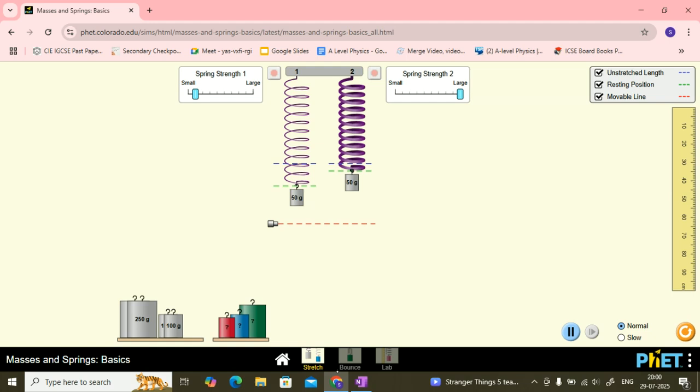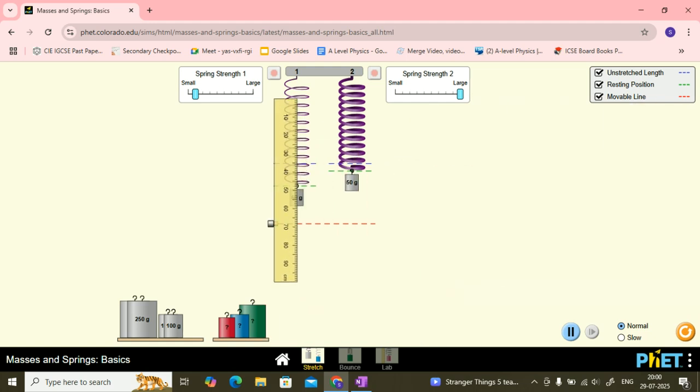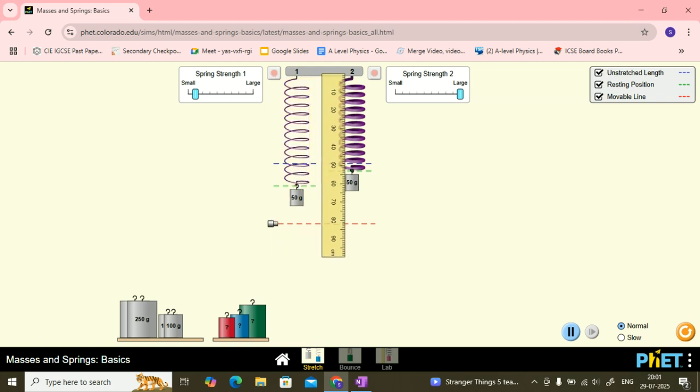It has been extended from this blue line to the green line. The original length of the spring was up to this blue line, 48 centimeters. From 48 centimeters it has moved to 60 centimeters for spring 1, and for spring 2 the original length was 48 again, and from that it has moved to 52 centimeters.